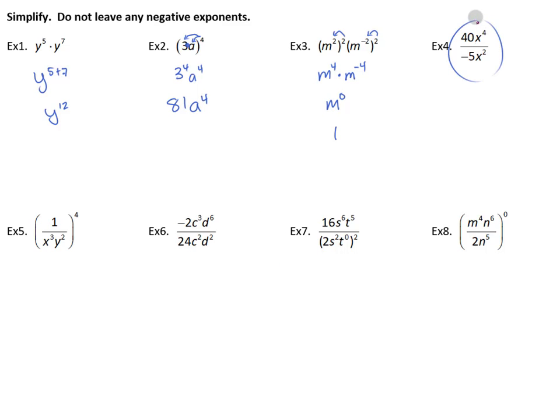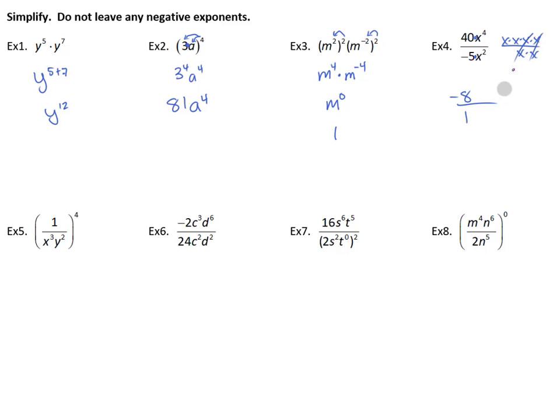Here we have essentially a regular fraction, right? All multiplication in the top and bottom, which means we can simplify a little bit. So dividing top and bottom by 5. In fact, let's do negative 5 to move the negative sign up top. So dividing by 5, and then x to the 4th over x squared. So you can think of this either in expanded form, that there's 4 up top and 2 below.